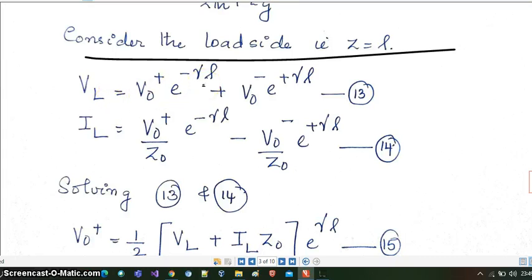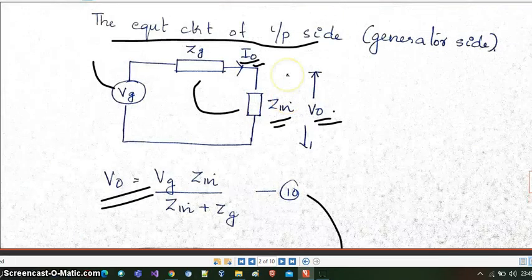Instead of Ez, I am going to rewrite the expression as VL is equal to V naught plus into e raised to minus gamma L. In the first equation, you have to substitute Z equal to L. So V0 plus into e raised to minus gamma L plus V naught minus into e raised to plus gamma L. Similarly, IL is equal to V naught plus by Z naught into e raised to minus gamma L minus V naught minus by Z naught into e raised to gamma L.